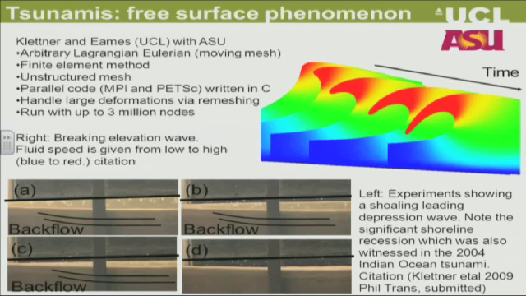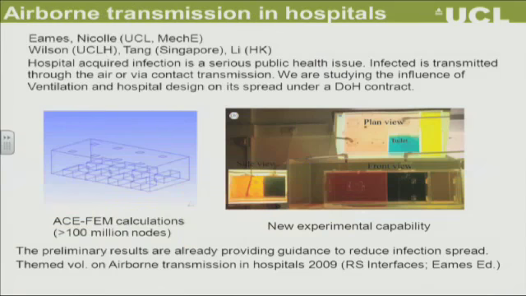And they're able to model this really rather accurately. They can model the breaking of the elevation wave, and very importantly, their models predict this very extensive backflow that you see here, which is one of the major problems observed in the Indian Ocean tsunami. So then please talk to Ian if you want to learn more about this.